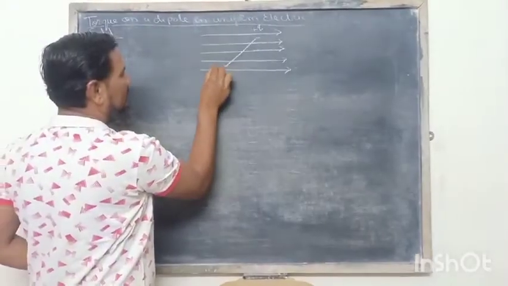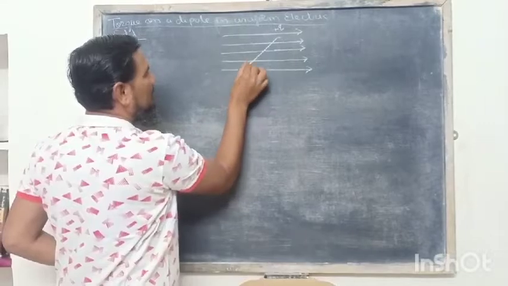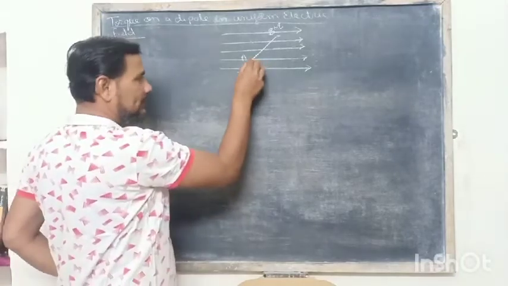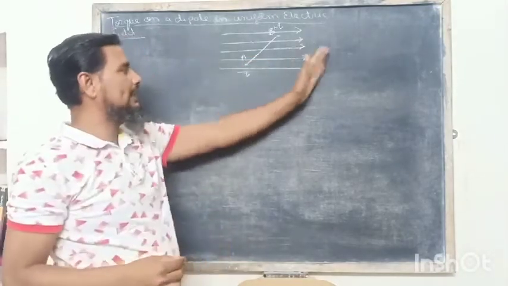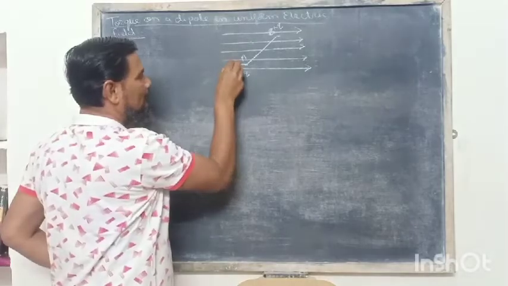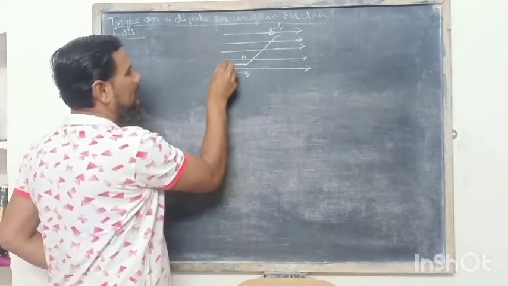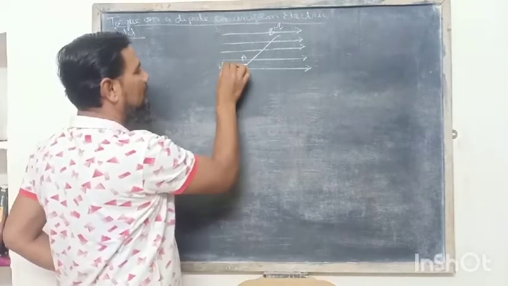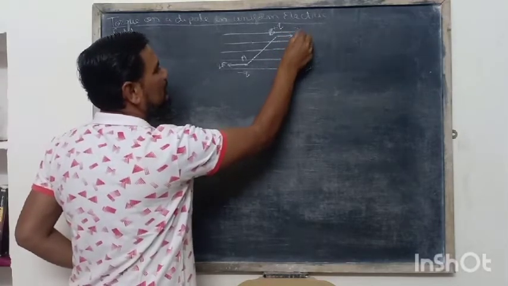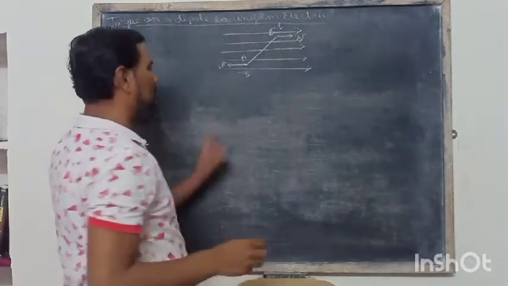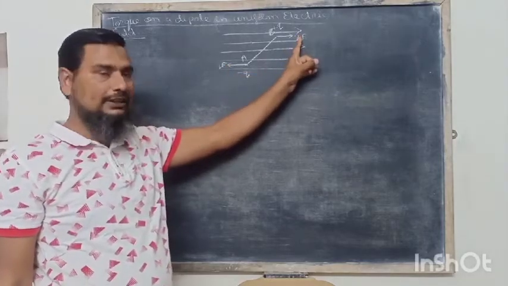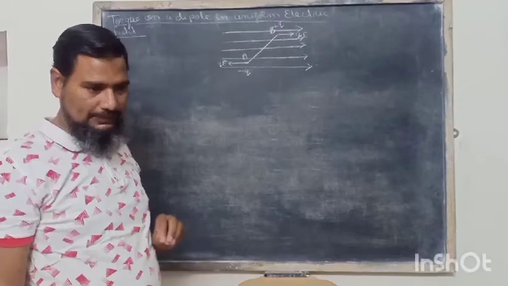This point is A and this point is B. Because electric lines of force move from positive to negative, this negative charge will experience an electrostatic force QE opposite to the direction of the electric field, and this positive charge will experience a force QE, because in a uniform electric field the charges are equal and the electric field intensity is equal at these points, so both QE are equal.